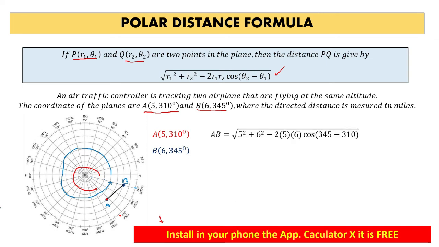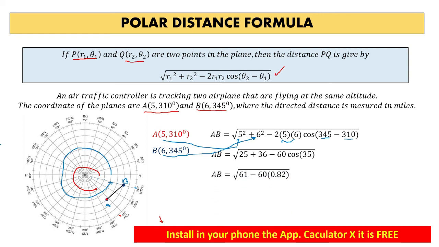Okay, you go to the formula and you substitute. r1 is 5, r2 is 6. The same thing with the angles: theta 2 is 345 and theta 1 is 310. You do the operation. 5 squared is 25. 6 squared is 36. 2 times 5 times 6 is 60. You subtract. Using the calculator, you find the cosine of 35.